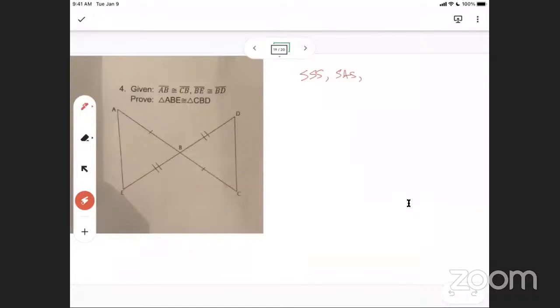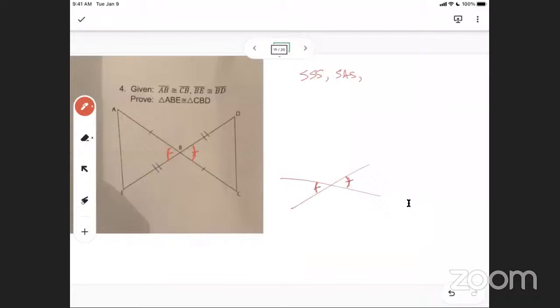Anyone that's seen this before will almost immediately recognize that this angle right here is congruent to this angle right here. And that's because these are called vertical angles. Anytime you have two lines that intersect, the angles that are vertical or across from each other are always congruent to each other.